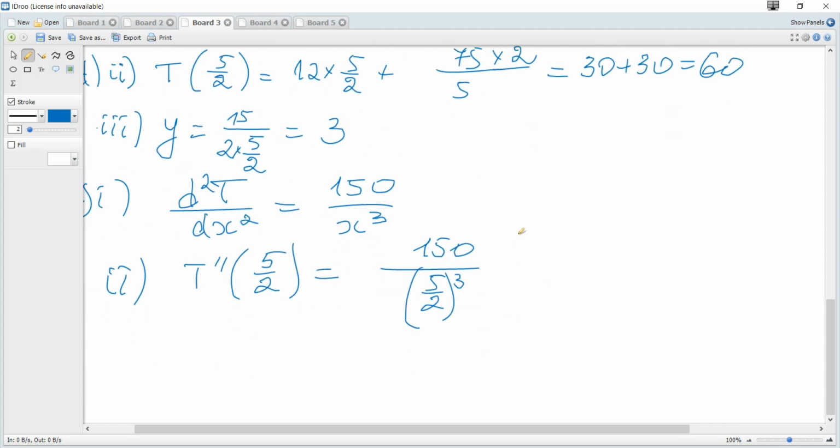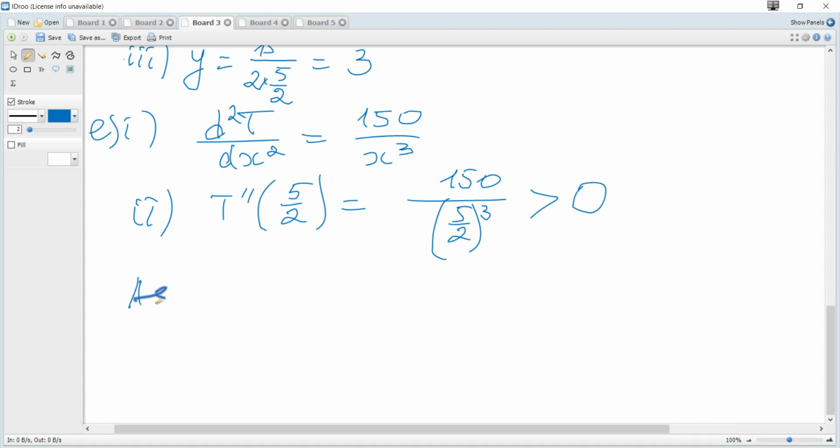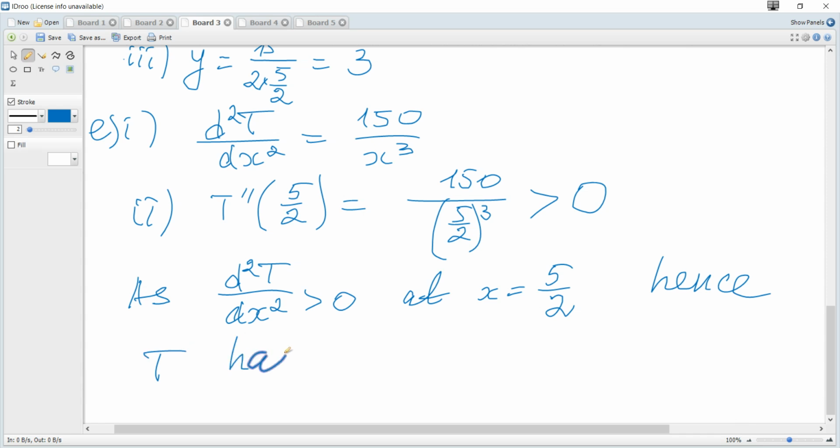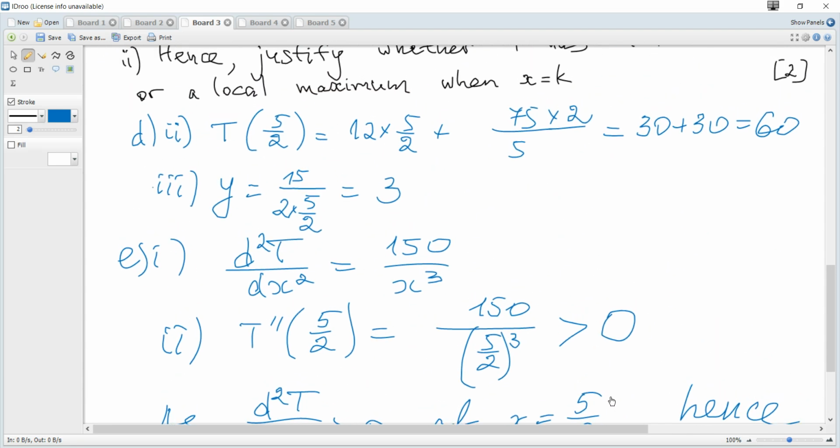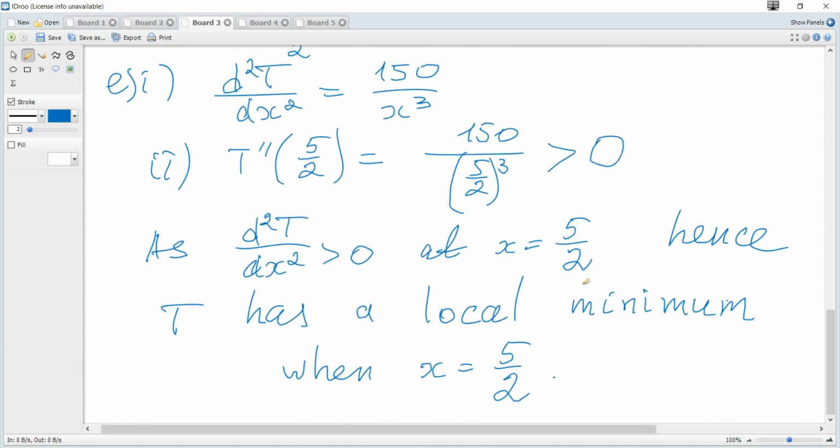It's not necessary to find the exact value because it's clear that it's greater than 0, and as the second derivative is greater than 0 at x is 5 over 2, hence t has a local minimum when x is 5 over 2. And that's all for this question.